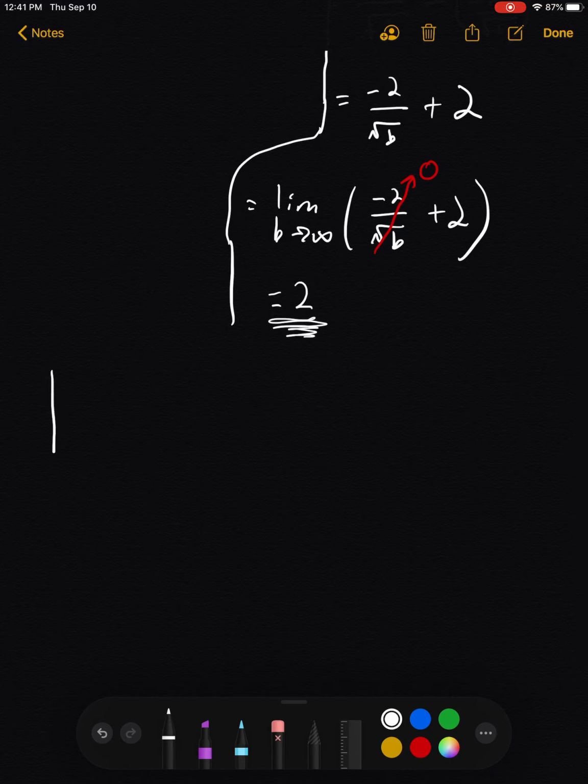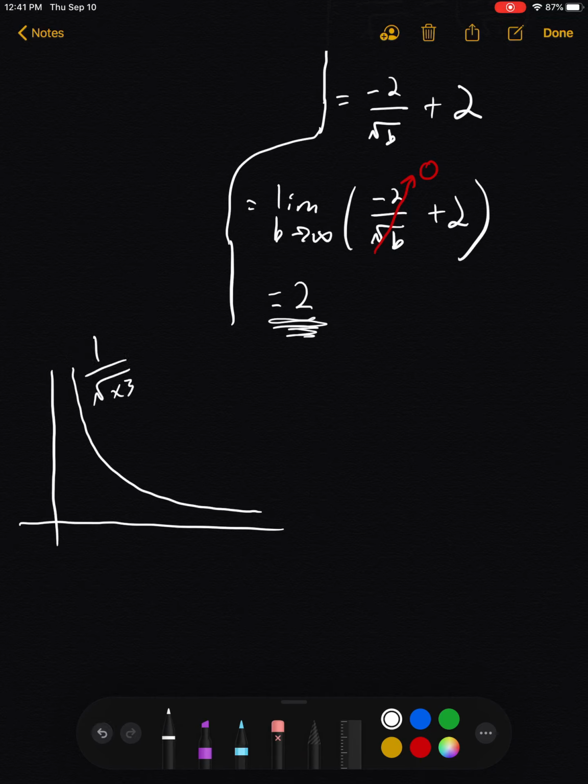So basically what I just showed you is, all right, here's our g of x, 1 over the square root of x cubed. Beneath it is our f of x, 1 over the square root of x cubed plus 5.